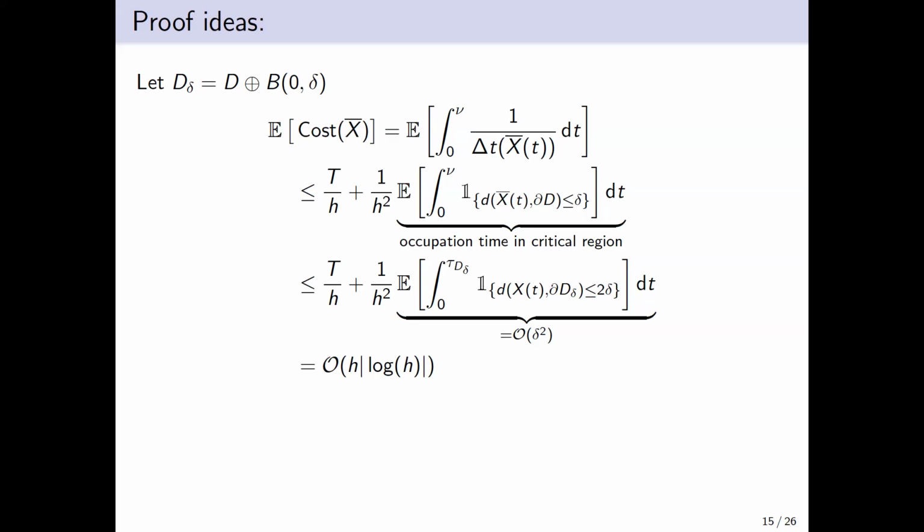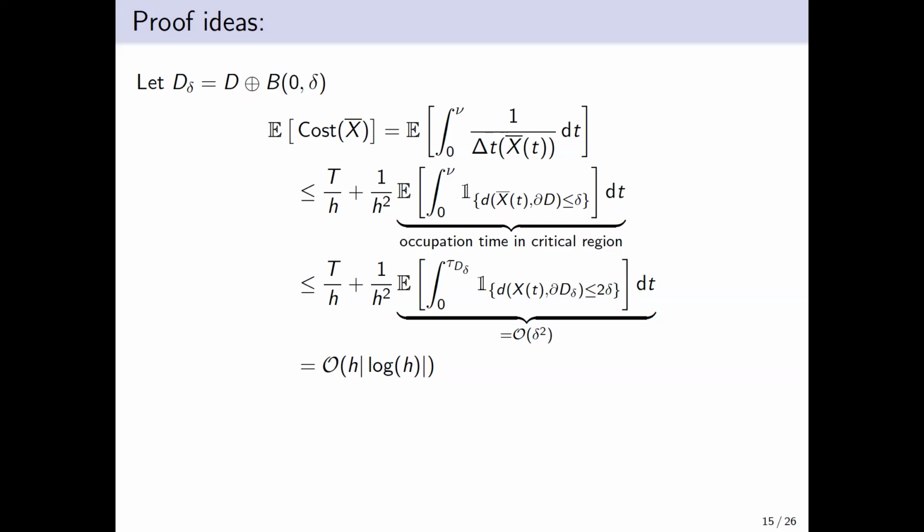Now, it turns out, because of the higher order scheme that I use, that I can bound the occupation time of my numerical scheme inside this region by the occupation time of the true scheme inside a larger region. So it's a larger domain, but also a larger region. This we can show is true.